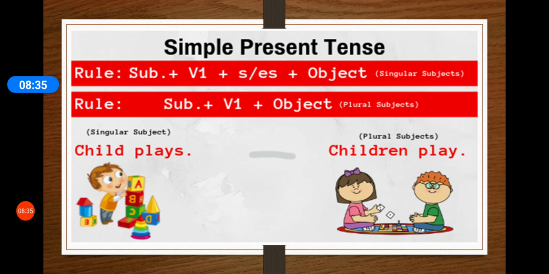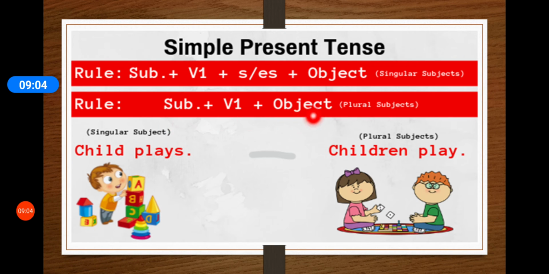Now you might be wondering, what is the subject? Children, subject is that part of the sentence about whom we are talking. Right? The main doer of the sentence is the subject. Doer means one who does the action. So, when we have a plural subject, V1 means first form of the verb.